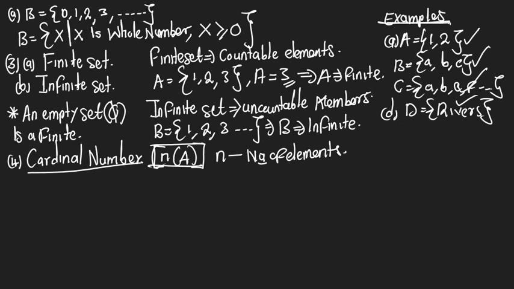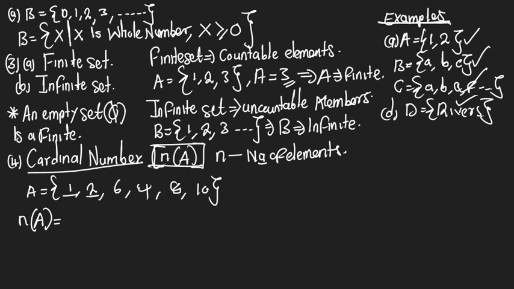So in this case, if you have a set A that contains 1, 2, 3, 4, 5, 7, 10, what is the cardinal number? To find the cardinal number, you say n(A), the number of elements in set A, then you count 1, 2, 3, 4, 5, 6.